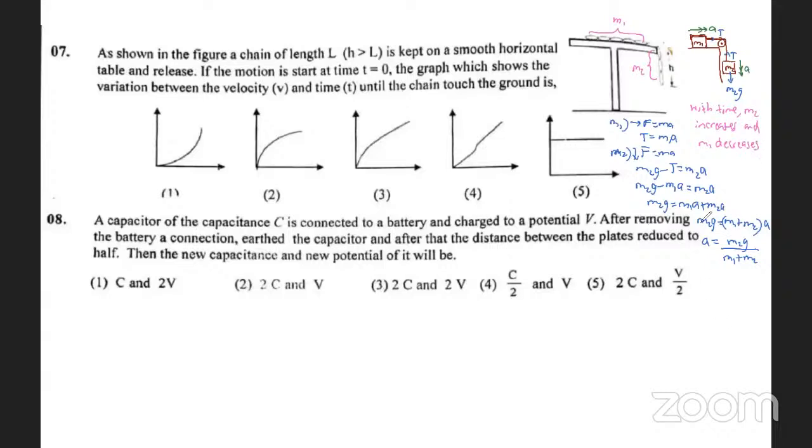Okay, right. So tell me, how will you decide the variation of a with time? For that, up and down, let's divide by m2. So m2g over m2 on top, and down (m1 plus m2) over m2, and that will give me an equation for a: g on top, constant, and down it will be m1 over m2 plus 1.